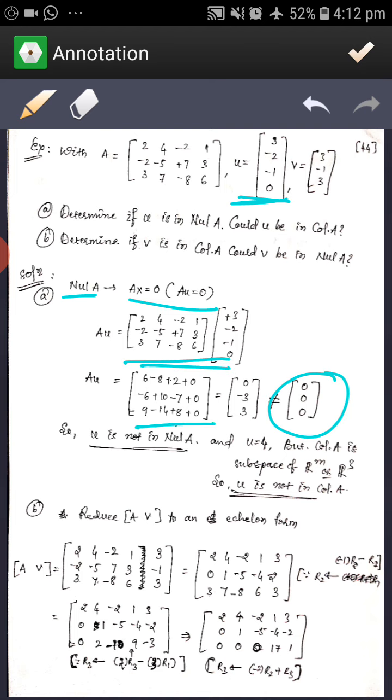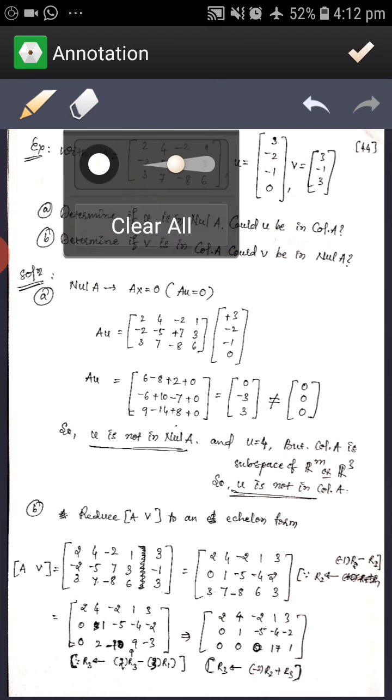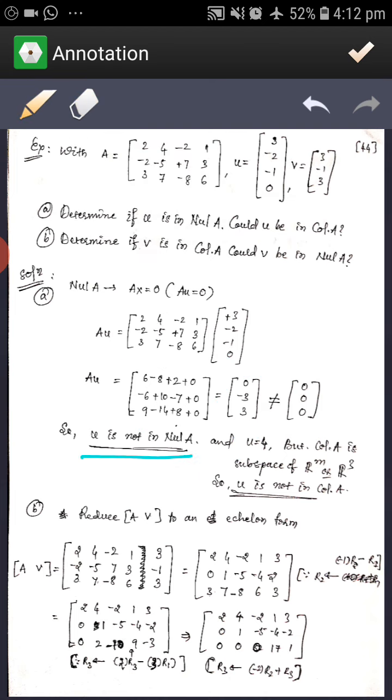If you multiply A and U, it is not 0, it is coming to some value, so U is not in the null space of A. If U is not in the null space of A, then it cannot be in the column space. If the first condition is not true, then it cannot be in the column space of A. So in this first case, this is not true.